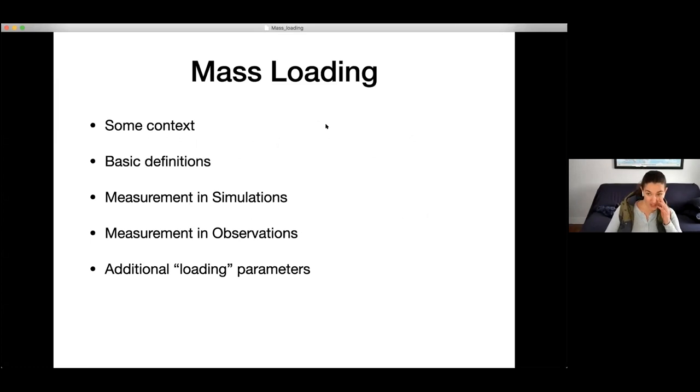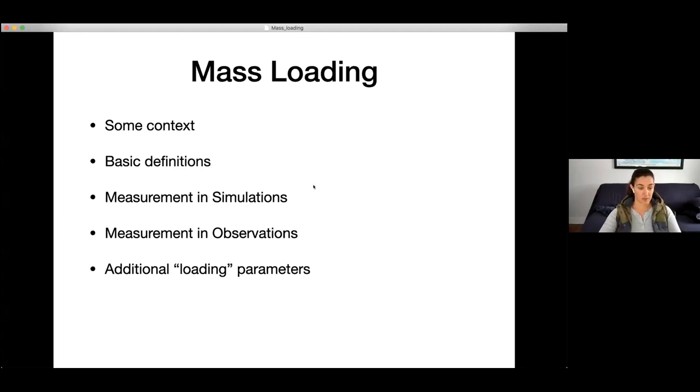Okay, so I made myself a little outline to try to keep us all on track here. So I'll first try to present some context. Even in a tutorial, I can't give a talk without giving some context. And then some basic definitions for mass loading. I think a lot of the confusion around this particular topic comes from the fact that this is not always defined the same way.